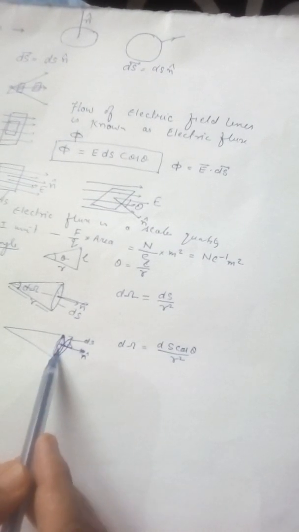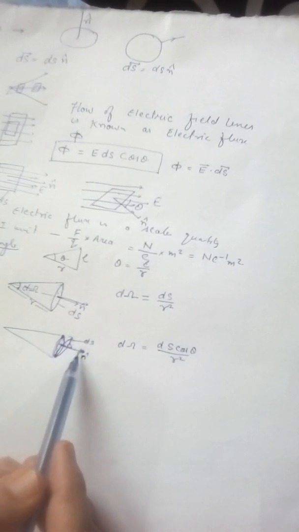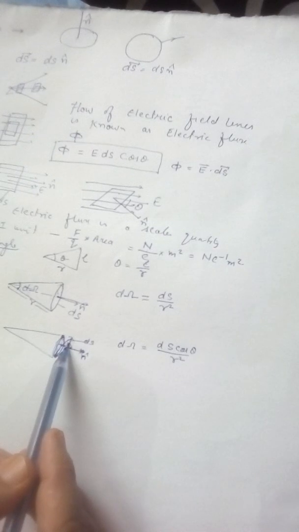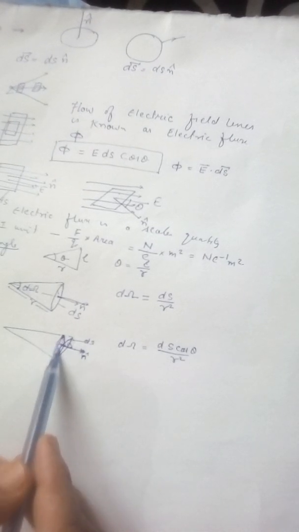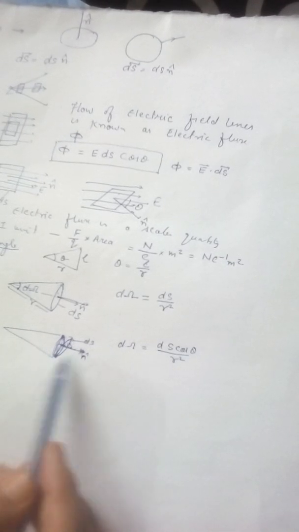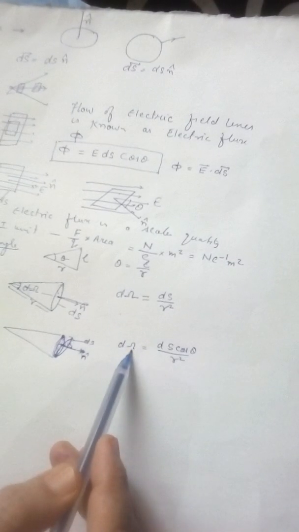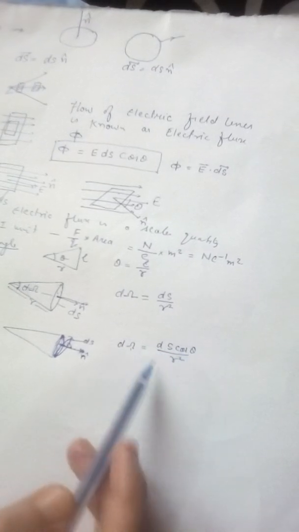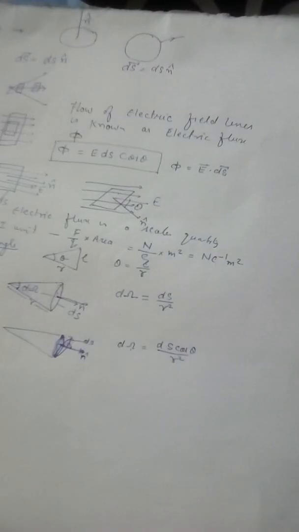If the area element is making some angle, not 90 degree, but some angle with the normal, then the component of this whose normal is in the same direction of this normal, then the solid angle is represented by ds cos theta by r square. So all the things we have discussed which are required in the Gauss law.